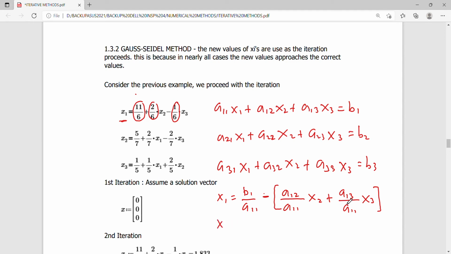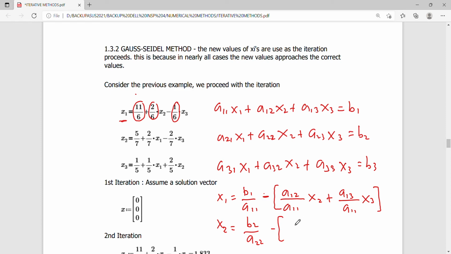Okay, so notice that the a11 over a11 x1 is not included here, such that the summation will be one less than the number of rows and columns in the unaugmented matrix. So if you have 3 rows and 3 columns on the coefficient matrix, then the summation series will be 1 less than 3. And so it is true with our value for x2, which is b2 over a22 minus the summation.